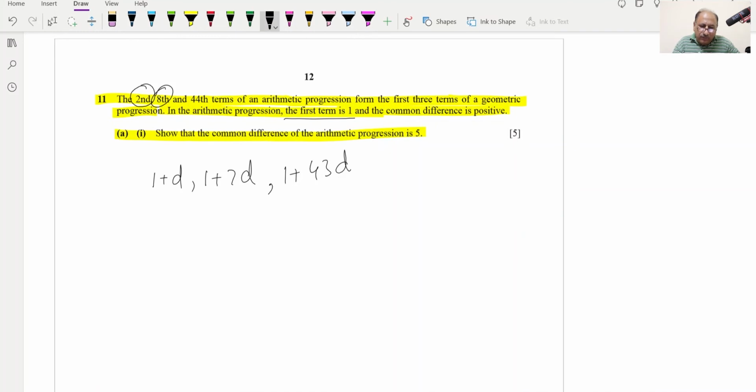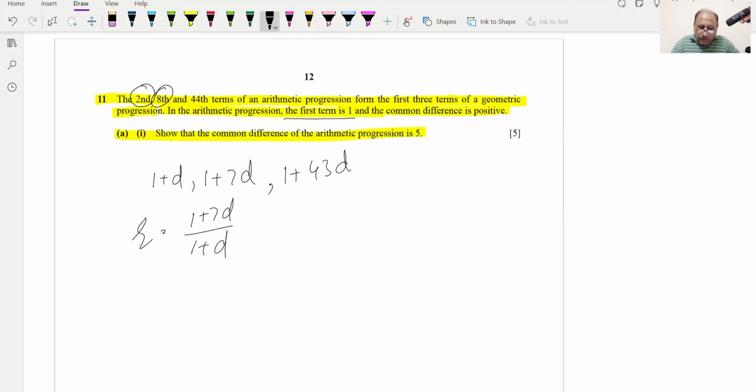Now these are basically the terms of a geometric sequence, so we can find the r value. The r value will be second term divided by the first term, 1 plus 7d over 1 plus d.